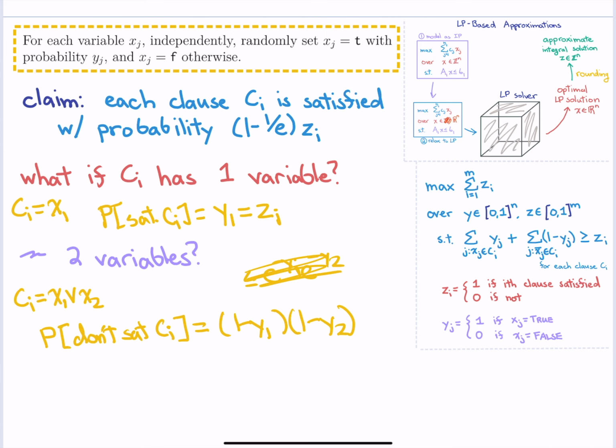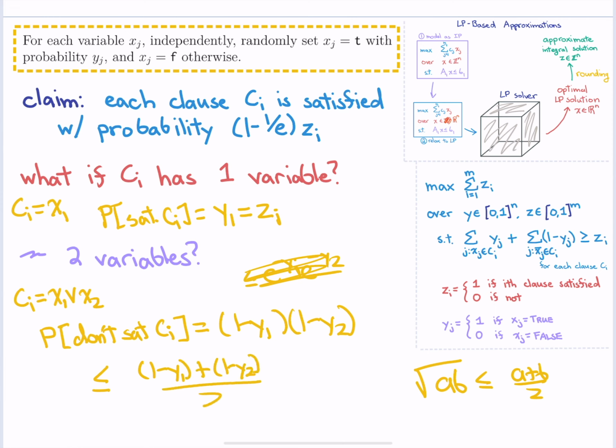So the square root of a times b is less than or equal to a plus b over 2. So the geometric mean is at most the arithmetic mean. Okay, so if I apply that here, we'll get (1 minus y1 plus 1 minus y2 over 2) squared.